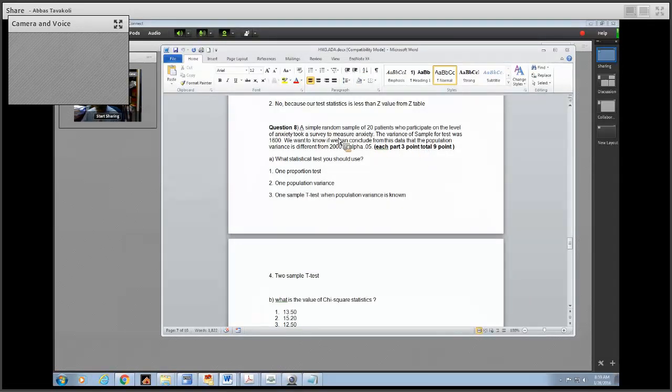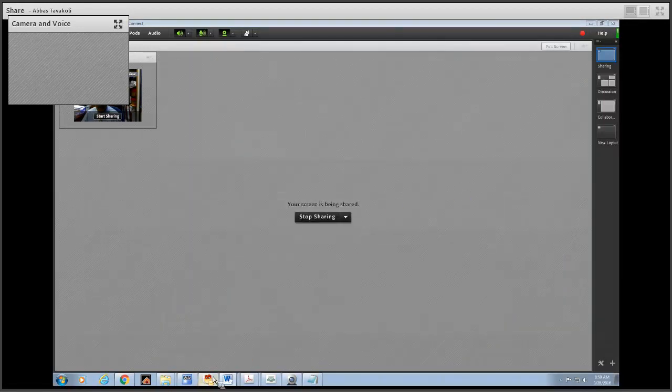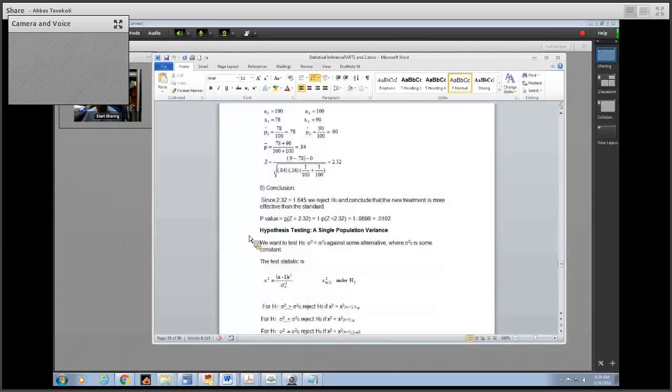One thing you want to make sure of is whether your test is 1-sided or 2-sided, because there is a keyword: if it's directional, you consider it 1-sided. So those pages help you understand what you need to do for this problem.